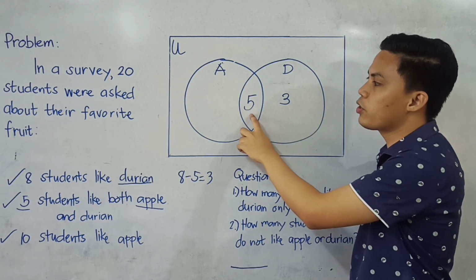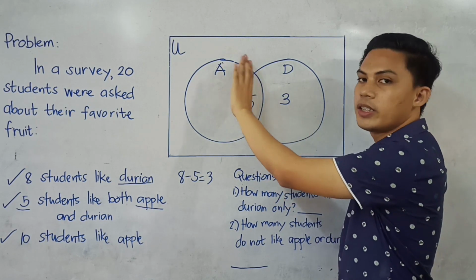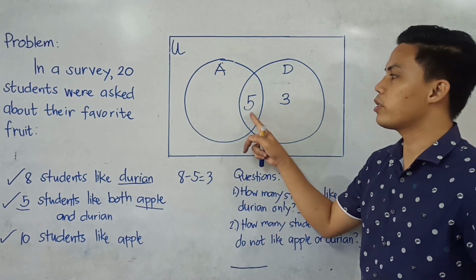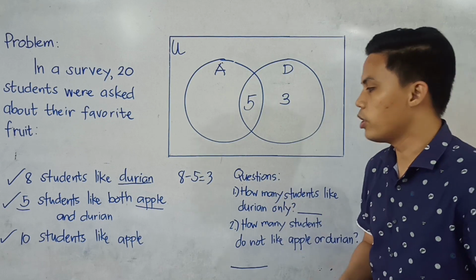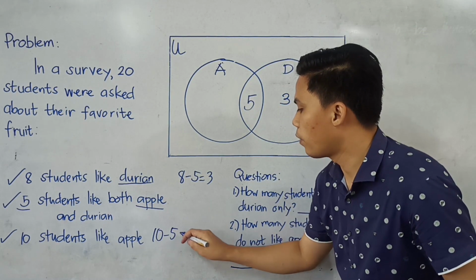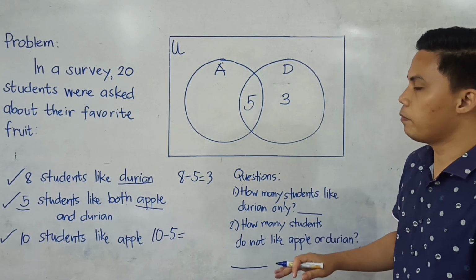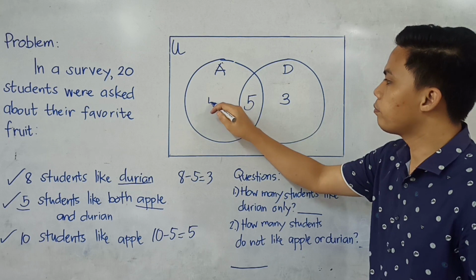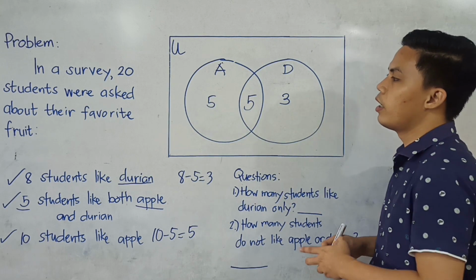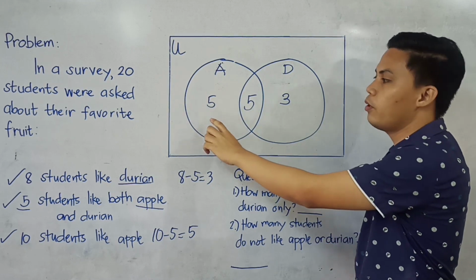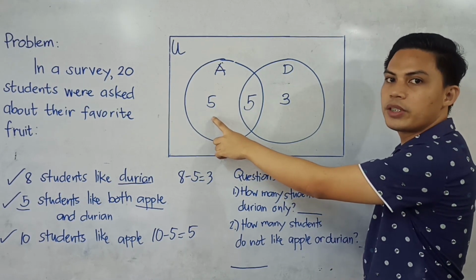So yung 5 na students, belong rin siya sa set A natin. So yung 10, kailangan natin bawasan ng elements na nasa intersection. So this would be 10 minus 5. So 10 minus 5, that is equal to 5. So yung element sa A only, or yung gusto niya would be apple lang talaga, we have 5 students.